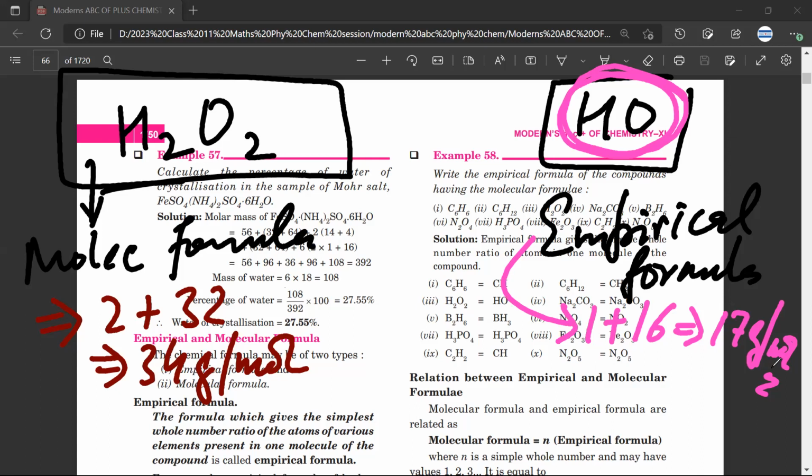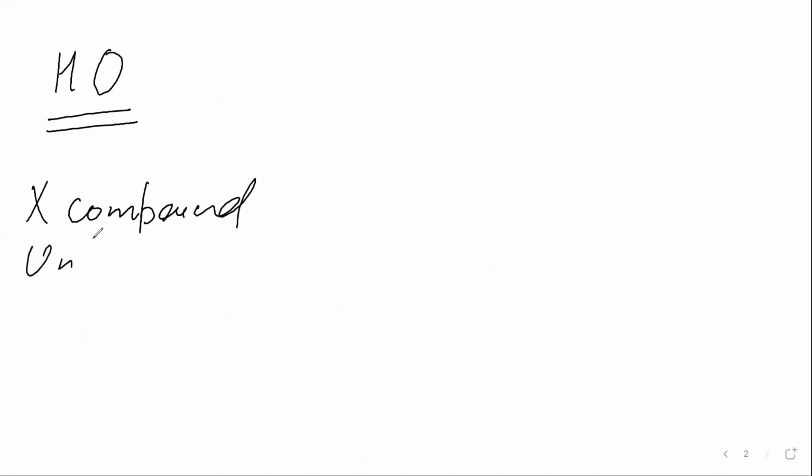Now somebody tells me to find the molecular formula of this compound. The information that the person is giving us is that the molar mass of the molecule is 34 gram per mole. Should I repeat what I've said? I am able to derive the ratio. There is a compound X, an unknown compound.